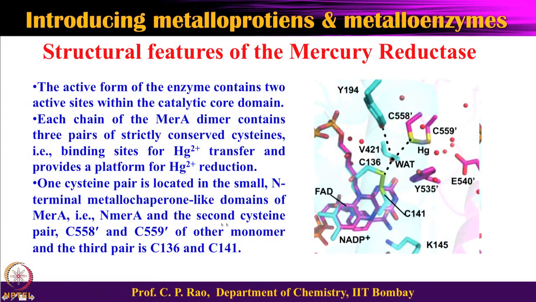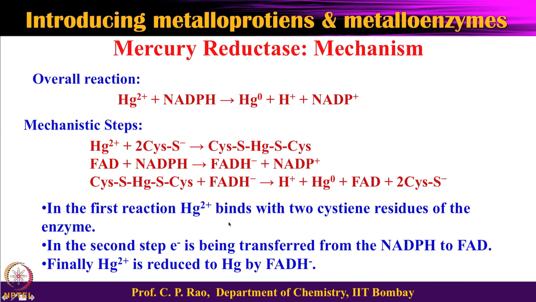Of course, there are other kinds of proteins called metallothioneins. They are also very well suited for heavy metal toxicity, but mostly they are very well suited for lead etc., but to some extent even the mercury too. And the mercury reductase certainly does this particular job of reducing this one.